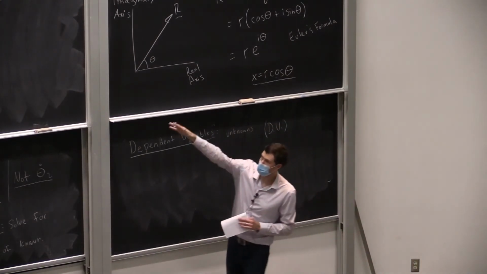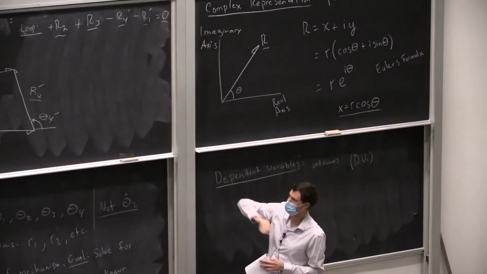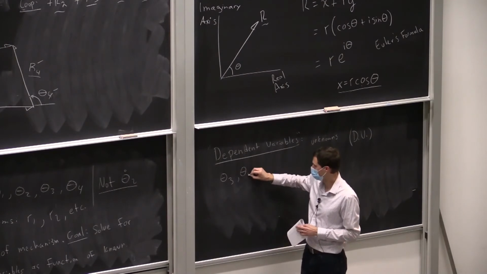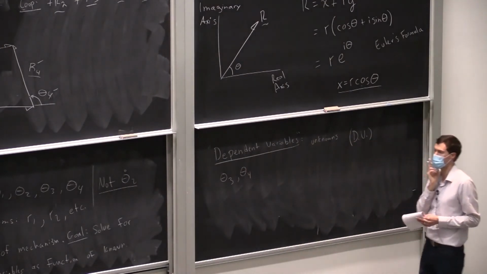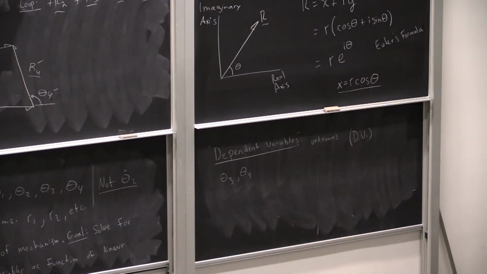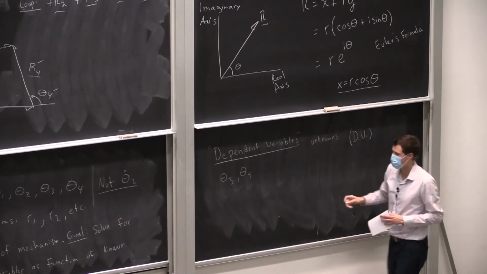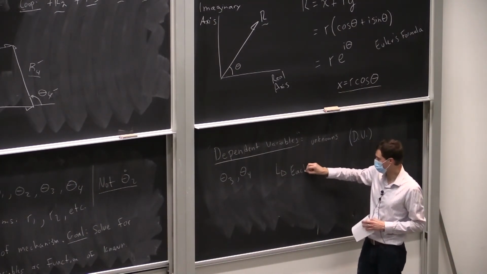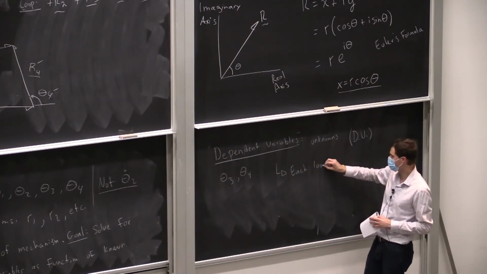For our 4-bar mechanism, if we put theta 2 as the input, the unknowns would be theta 3 and theta 4. And as I mentioned just a minute ago, each loop will allow us to solve for 2 dependent variables.